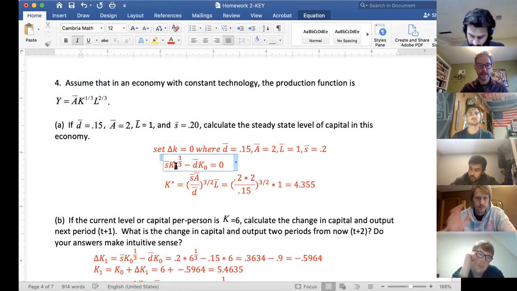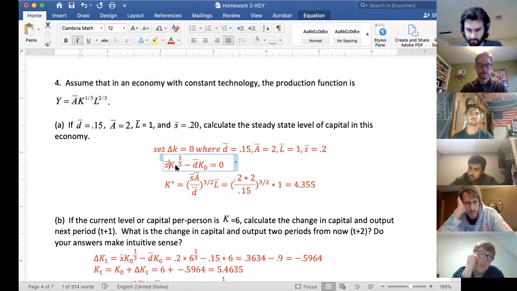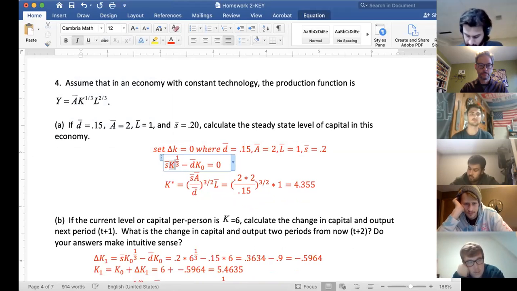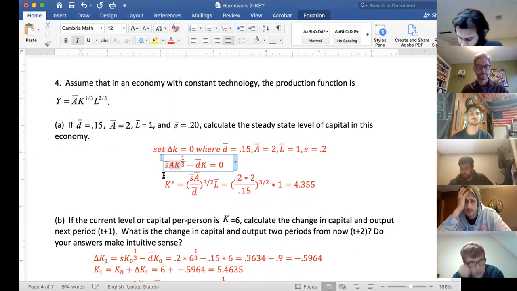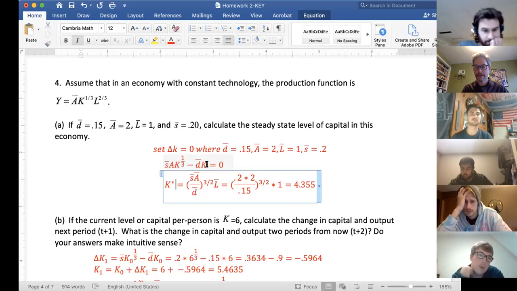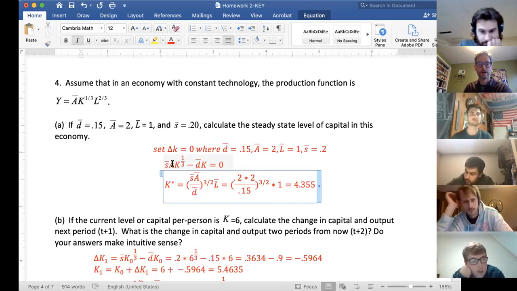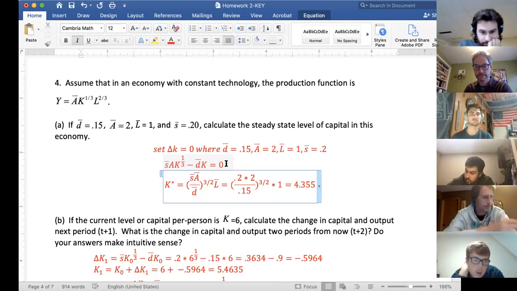So what is delta K? Right, this is delta K. There should be an A in here too, right? So s times the production function minus d times K. So s bar times A times K to the 1/3 minus d times K should equal 0.